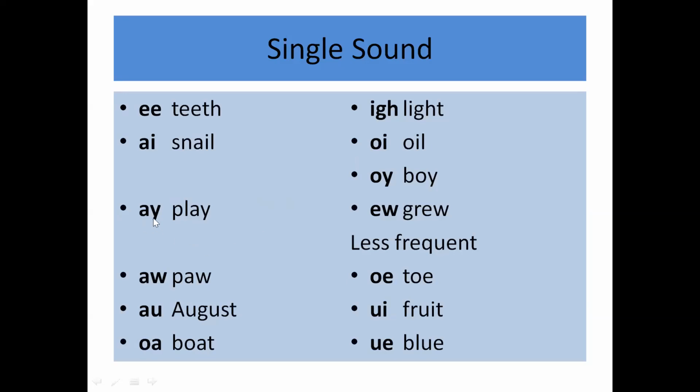This is A, aw, identical sounds, I, oi, and oo, like in grew. Some less frequent combinations you'll see down here at the bottom. When I say less frequent, there just aren't that many words that use the spelling of OE for O, like in toe. So these are your main ones that you want to concentrate on.